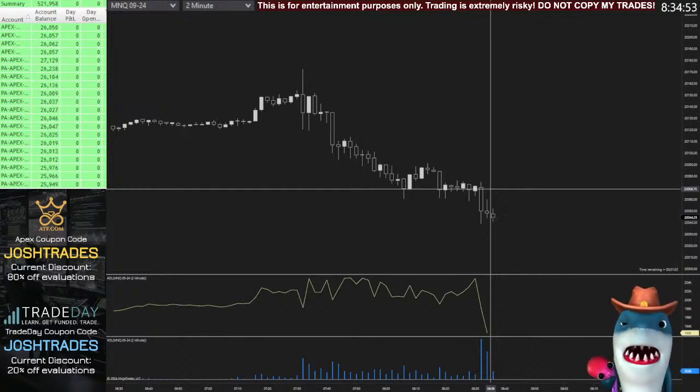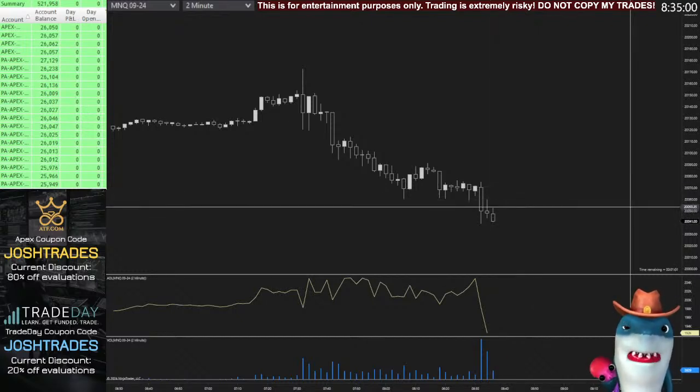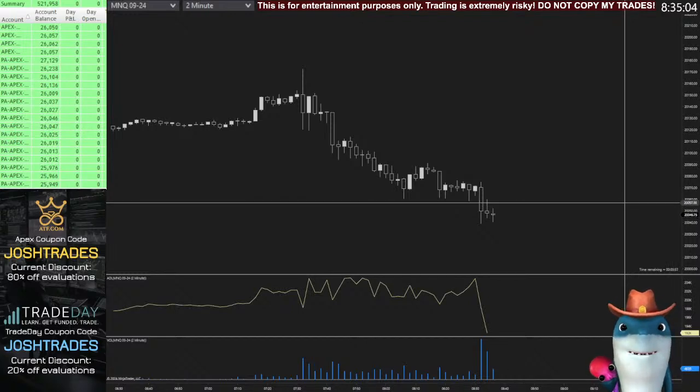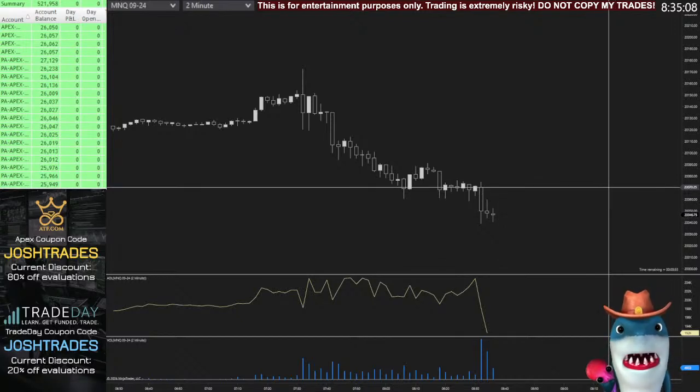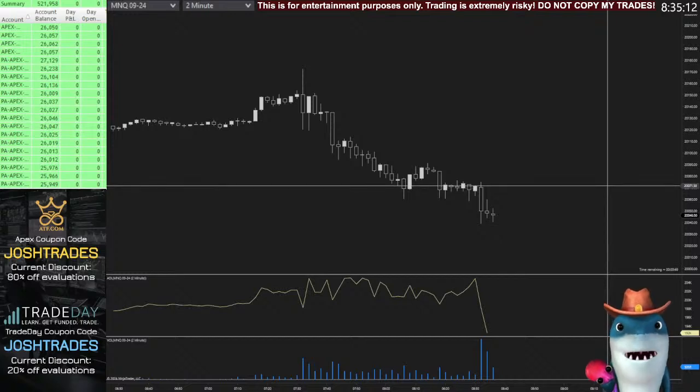These PAs all have, I think, like 28, 29 trading days on them right now. So I've been trading these for a while, trading with micro contracts, not trying to rush it. Just taking small 100, $200 profit days, and there are also losing days in there as well.